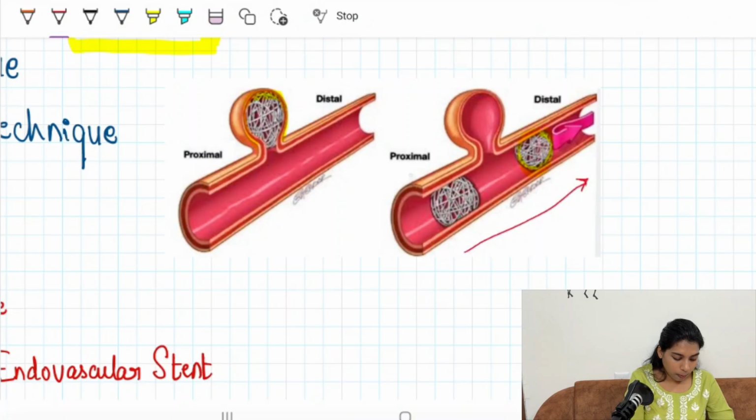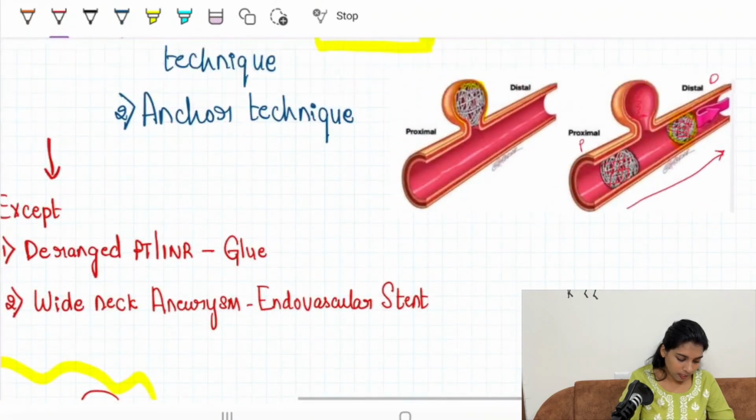So this is the proximal door, this is the distal door. We take a coil, first close the distal door, then we close the proximal door. Once you close both, no more blood enters the sac of the aneurysm. Hence there will be slow flow, stasis, coagulation, so there will be no more pseudoaneurysm. Hence, we have treated it.